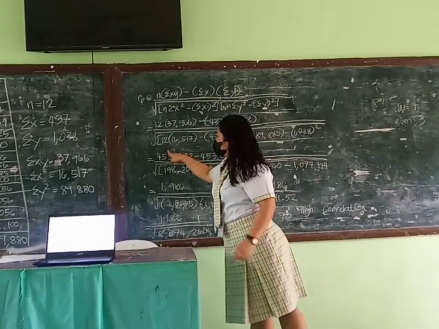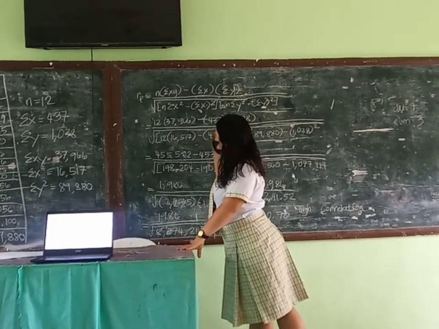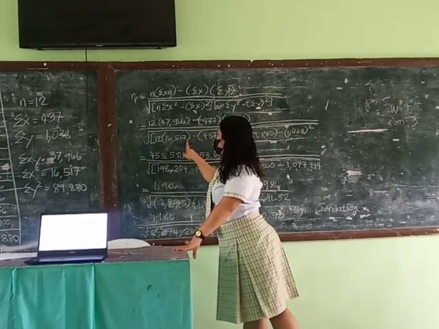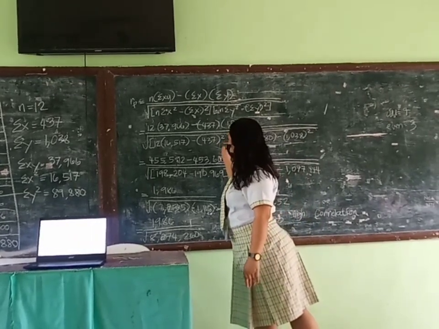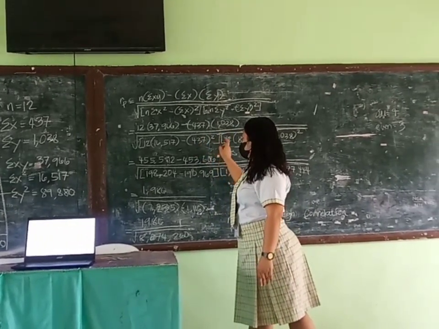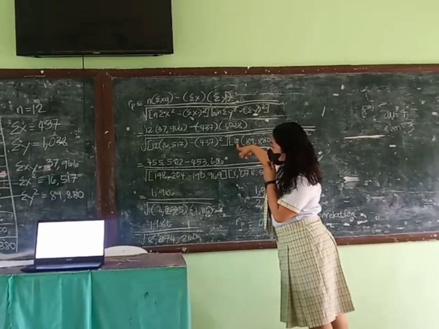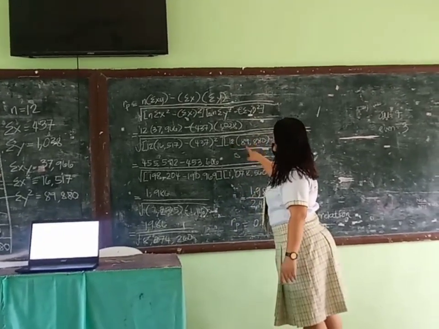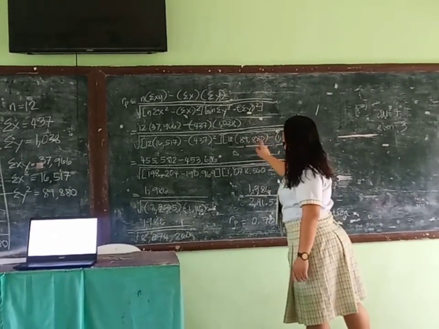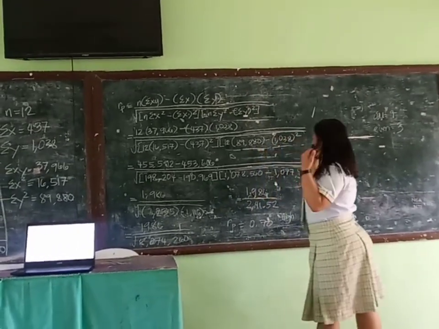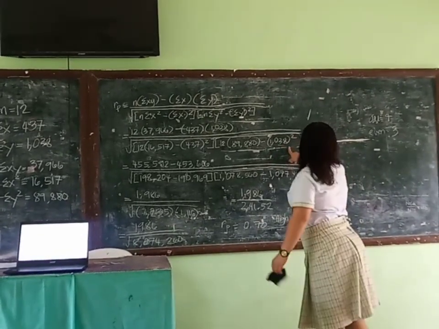Over the square root of n, which is 12, times the summation of x squared, 16,517, minus 437 squared, times 12, the number of students, times the summation of y squared, 89,818, minus 1,038 squared.